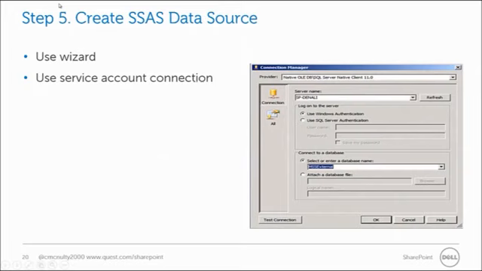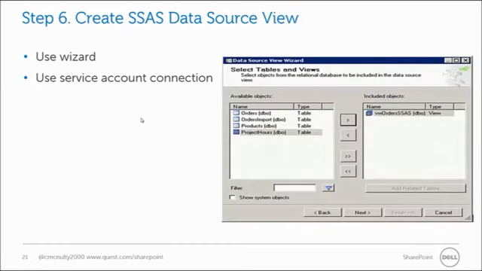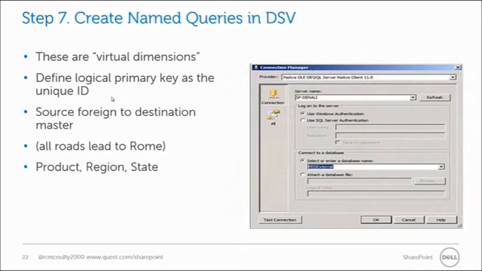So we'll come in, we will tell our project where a data source lives, what's the name of the database. Then we're going to tell it within that database, we're going to create a data source view to tell it of the tables and view structures that are out there, which one is going to be our live data source. The next step here, I'm going to create named queries in my data source view.